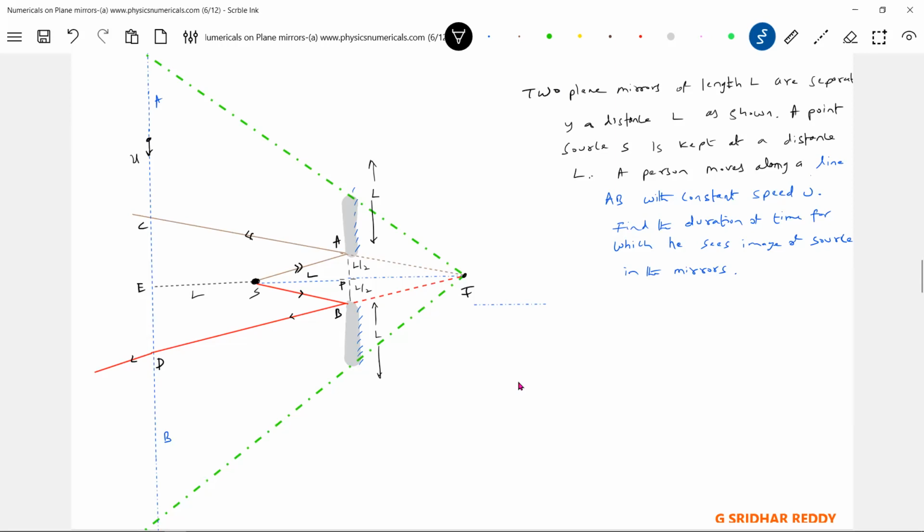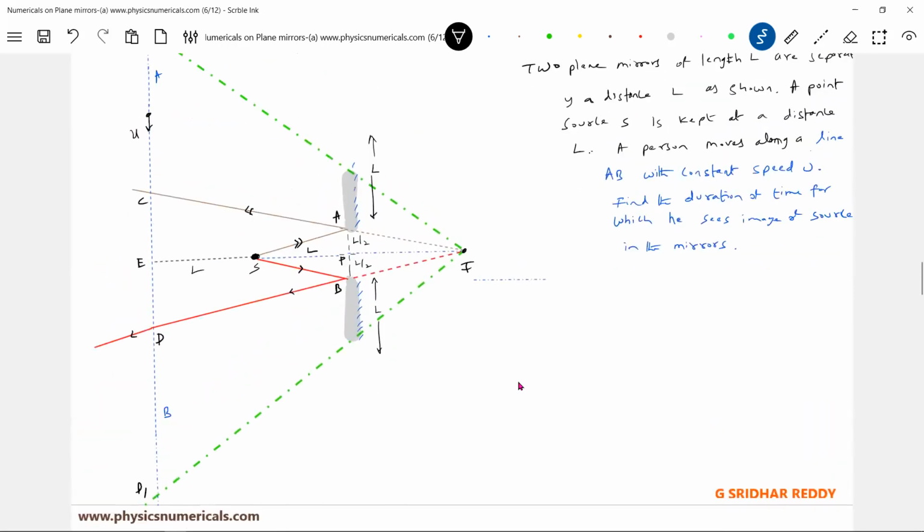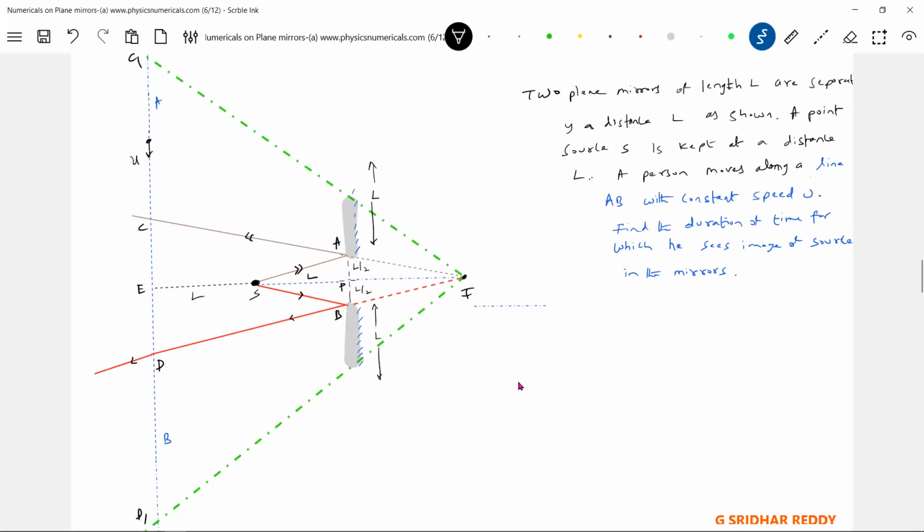We have to calculate this distance. So I'll write C1, D1. We have to calculate C1C and D1D from the data. Hope everyone is able to understand.